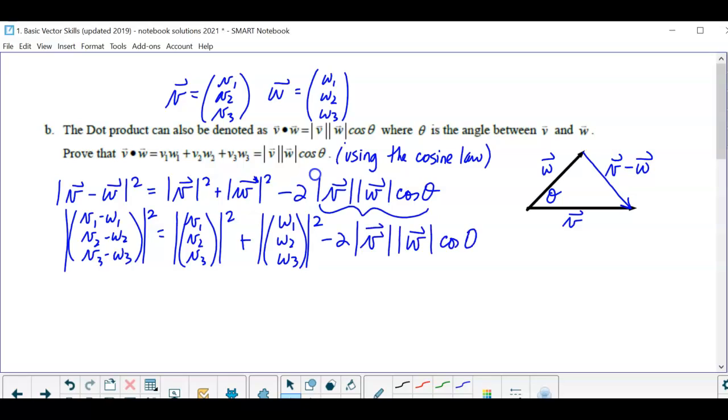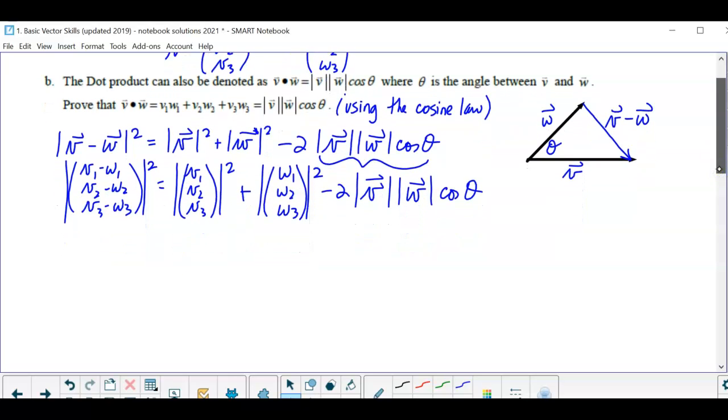Okay, so nice thing, when we're squaring, the magnitude will be the square root of the sum of the squares of each component. Squaring that we'll get rid of the square root.